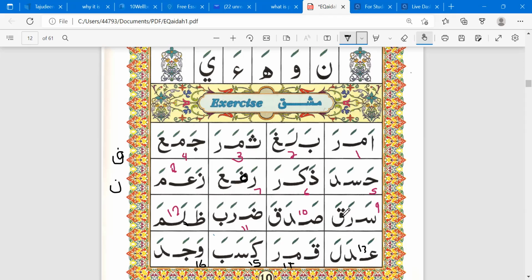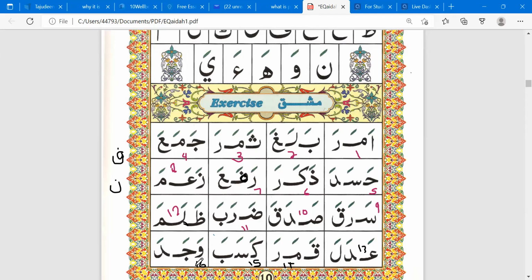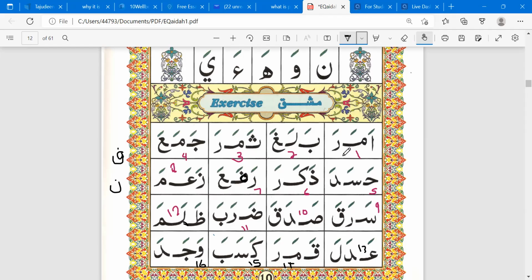Mashallah. So let me read as well before we call it today. Next class, inshallah. Ro ba la go fa ma ro ja ma a ha sa da za ka ro.